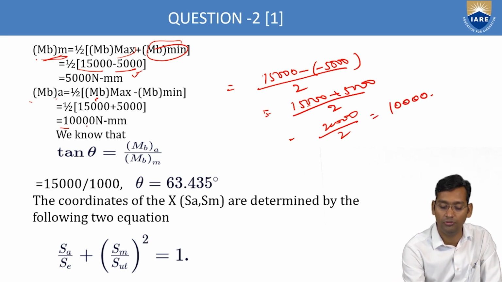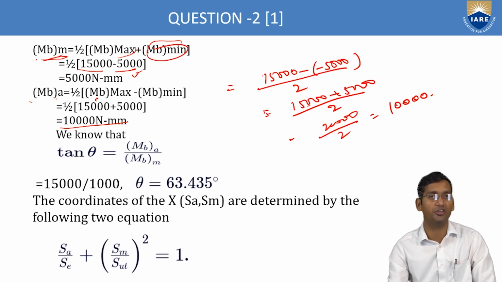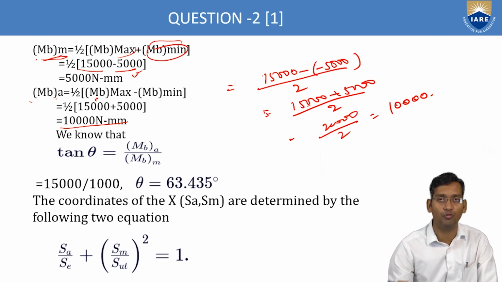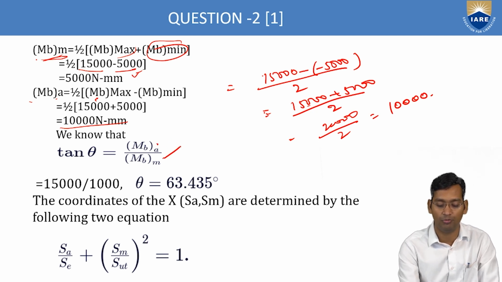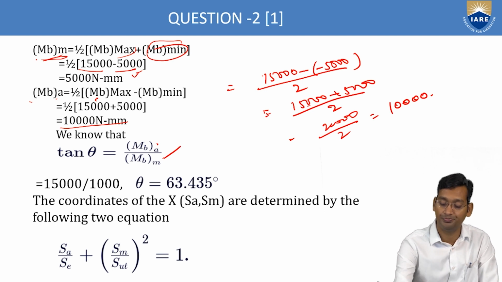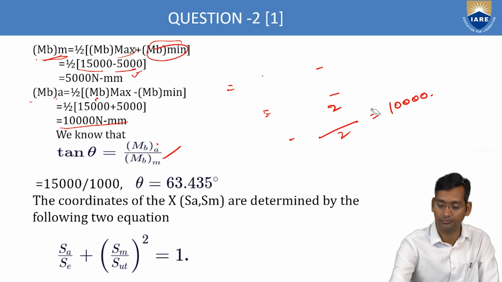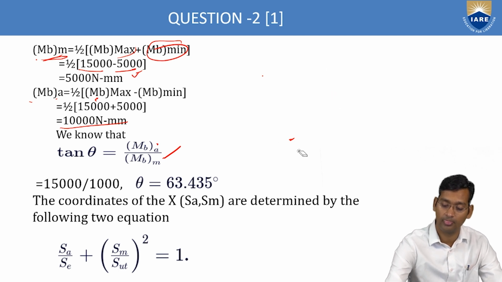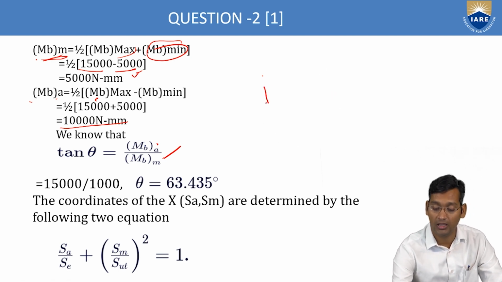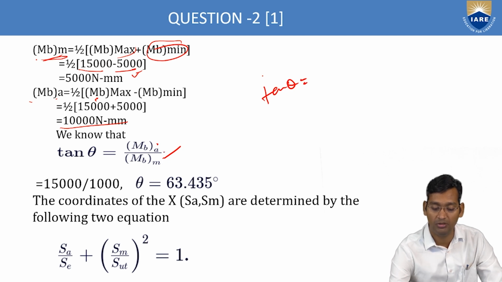So that's it, 10,000 Newton mm. Now we have these two. Now for finding the angle theta, tan theta is MBA, that amplitude, by the mean. After putting that value, how much will we get? So tan theta equals to what? MBA is almost 10,000.